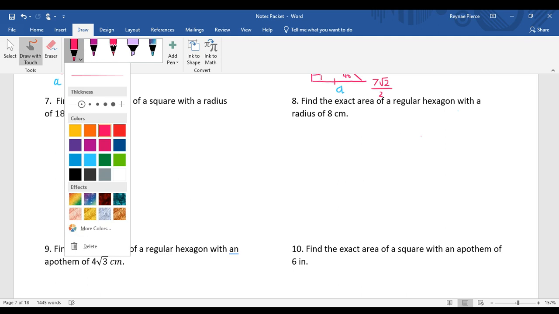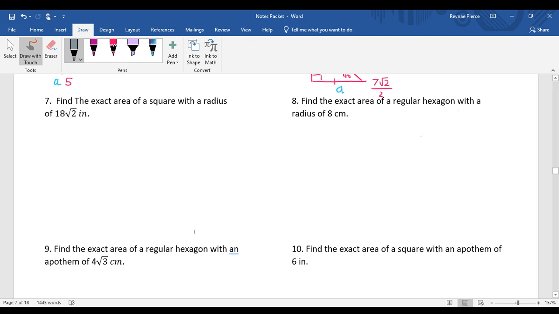We want the exact area of a square. So we've got a square. This is going to be like the last example we just did, with a radius of 18 radical 2. So from the center to a vertex, this is a terrible square.